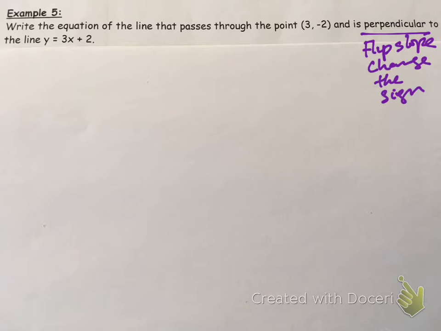If it's positive, it becomes negative. So my slope here is 3, which can be written as a fraction 3 over 1. Now, the slope of my line that's perpendicular to this one, my new slope, is going to be the flip. So I flip this, it becomes 1/3, and I change the sign from positive to negative.